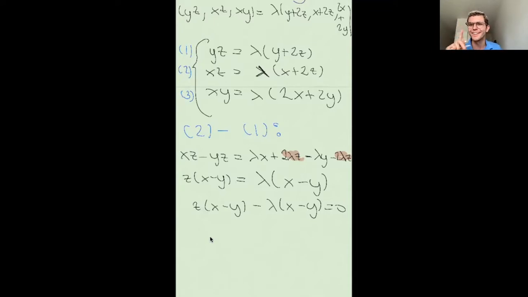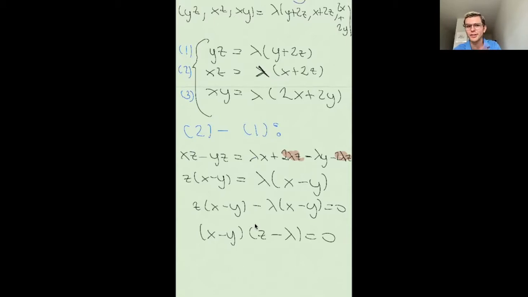Or wait, there's another chance, right? What can you do here? You can factorize x minus y. Is that making sense? And so what's the other option? That x equals y.